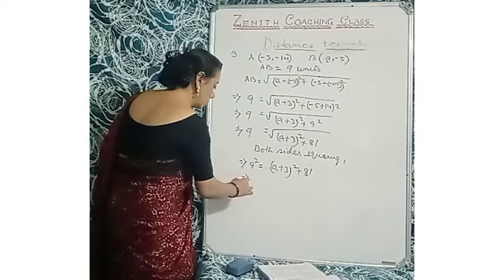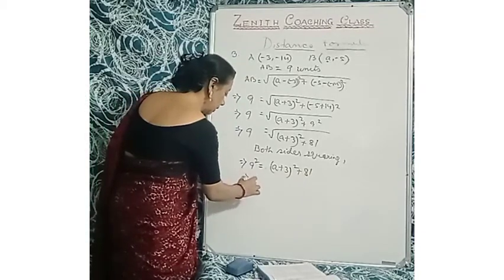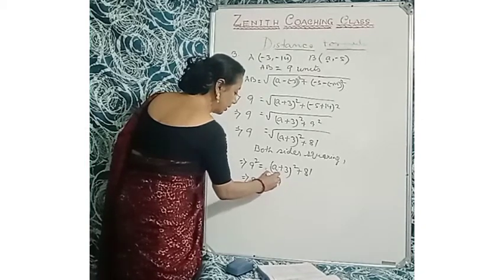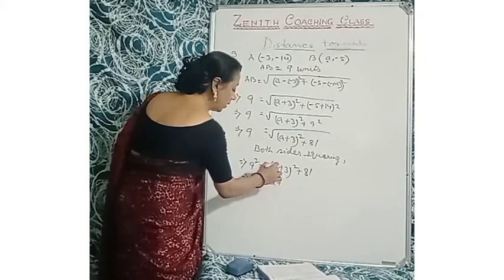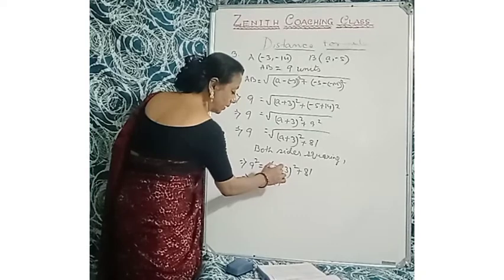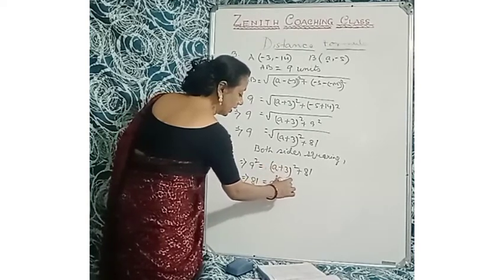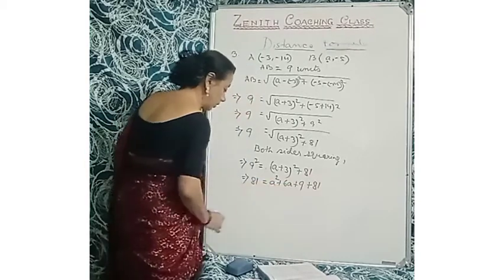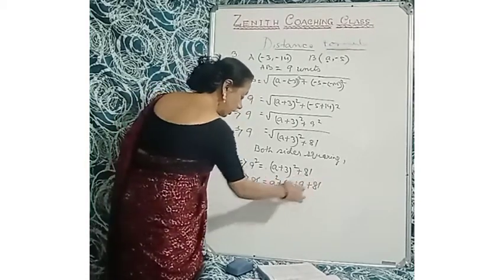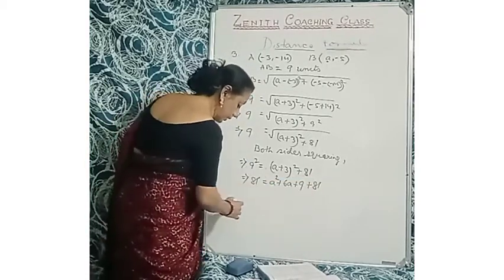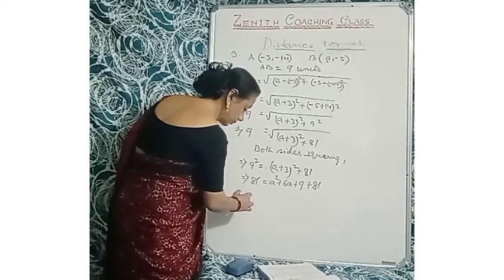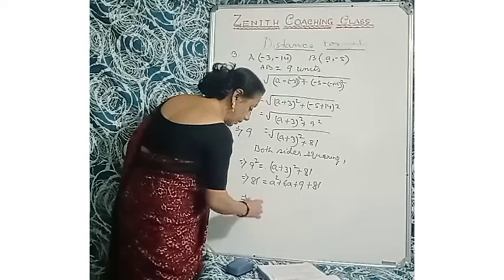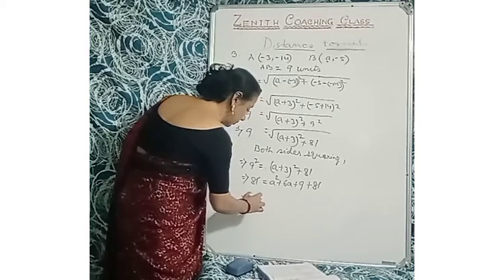So 81 equals a square plus 2 multiplied by a multiplied by 3, that is 6a, plus 9, plus 81. So cut 81. Then squaring both sides, a square plus 6a plus 9 equals 0.